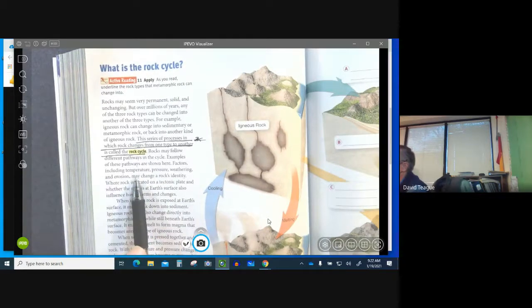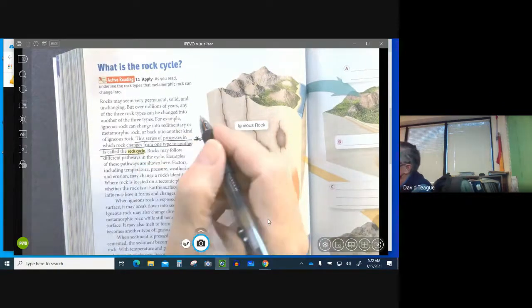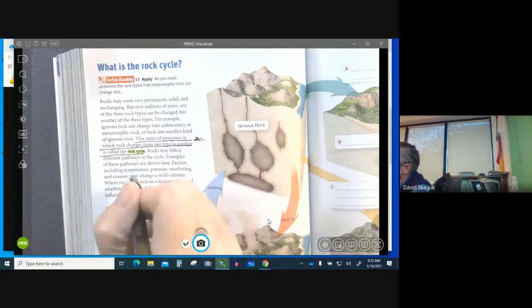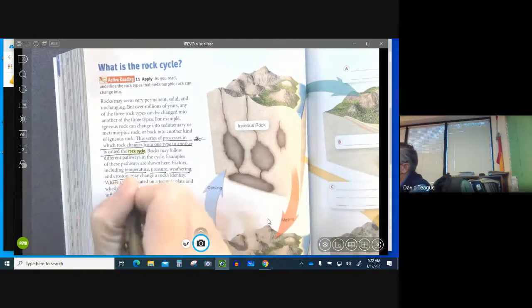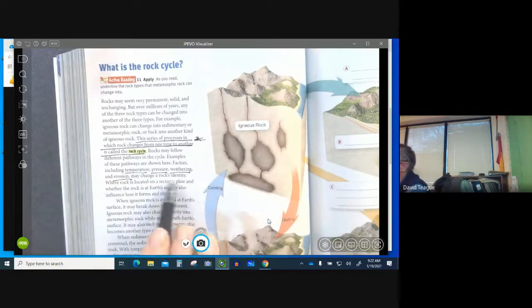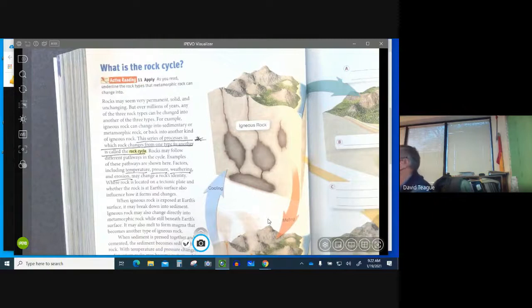Factors including temperature, pressure, weathering, erosion may change a rock's identity. Where rock is located on a tectonic plate and whether the rock is at the Earth's surface also influence how it forms and changes.